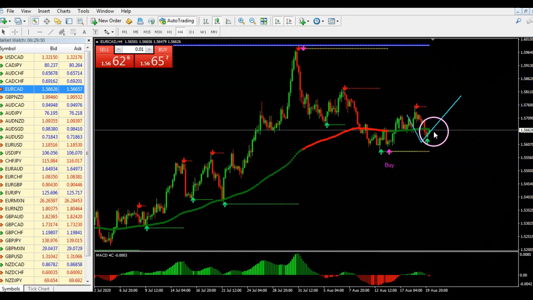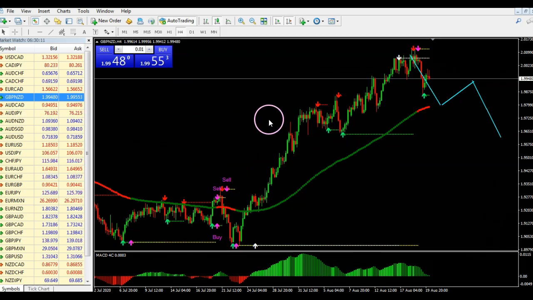So it might go to the very top. It might break it. So if you're going to go for your pips, you can go ahead, but just keep in mind that at any time this is going to keep going down again. Okay, so that's EuroCAD. And the last one, GBPNZD.